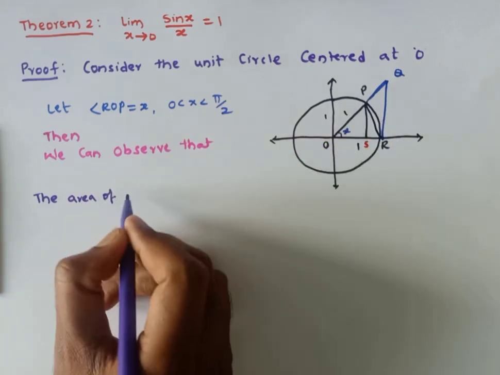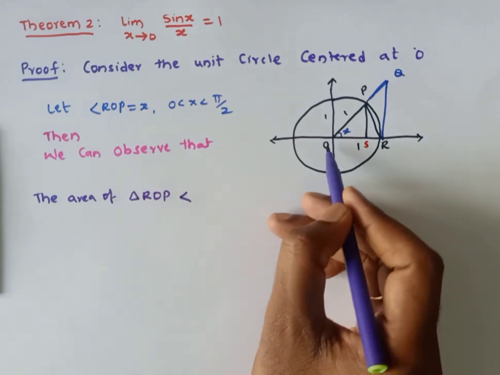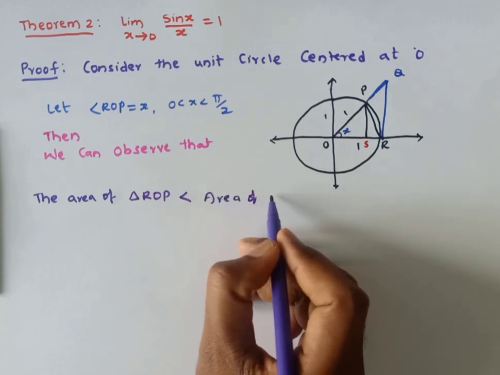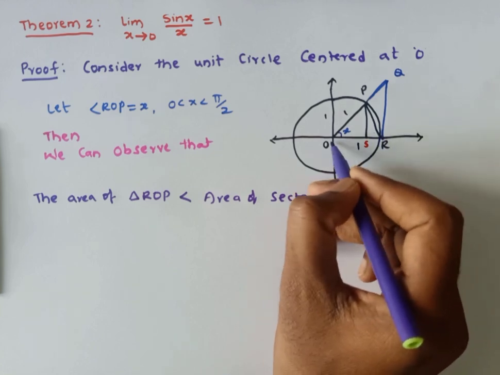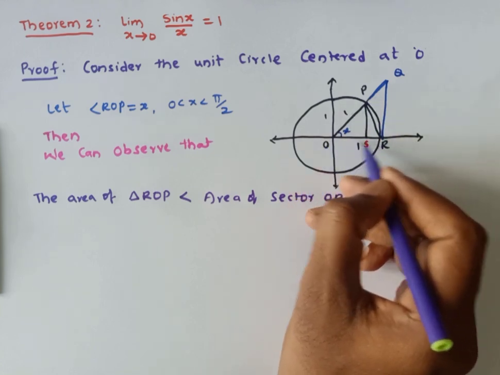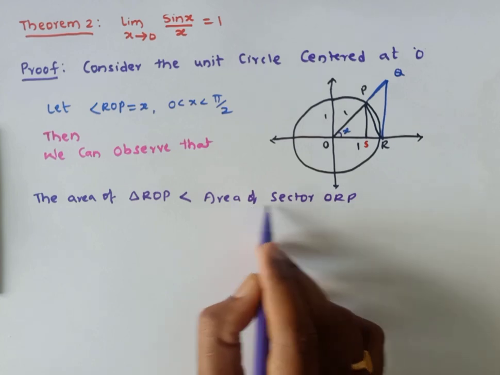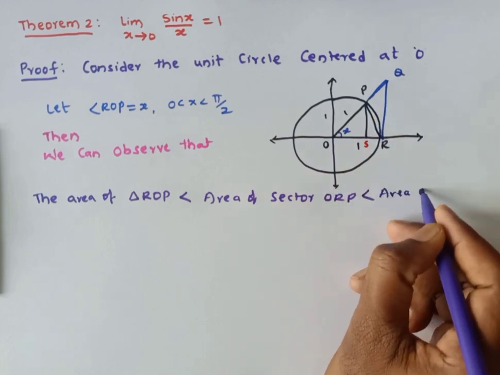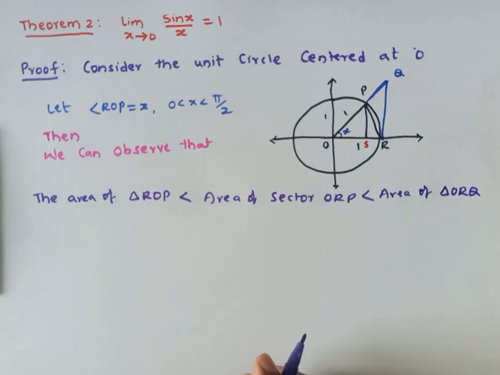Now we observe that the area of triangle ROP is compulsorily less than the area of sector ORP, and the sector area is a little bit more than that triangle, and this is less than the area of the big triangle ORQ.